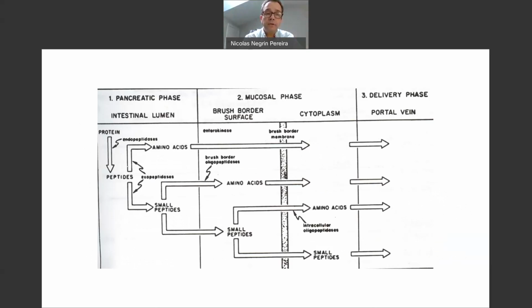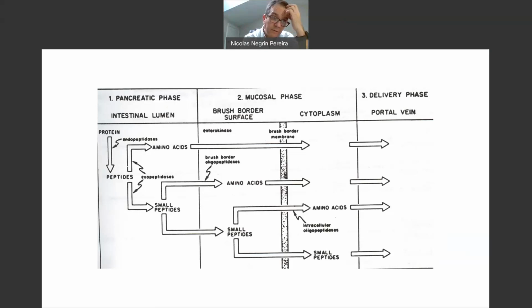I don't want you to refer much to the enzymes that I mentioned there, because I will be using another terminology. What I really like are these diagrams, the compartmentalization diagram, where we have a pancreatic phase in the intestinal lumen, where proteins are going to be broken into peptides. Some of them are going to give us amino acids, which are going to be readily absorbed into the intestinal cells and go into the portal vein.